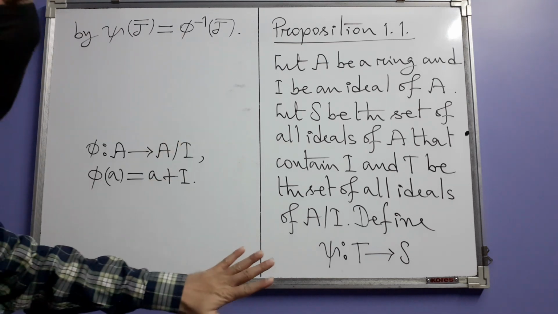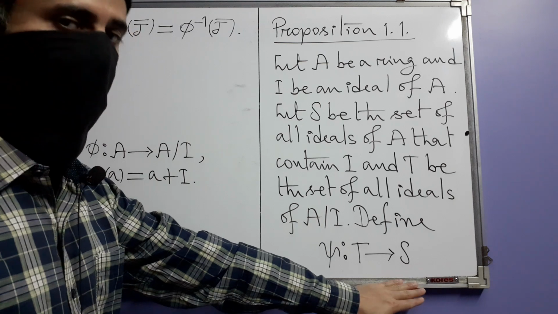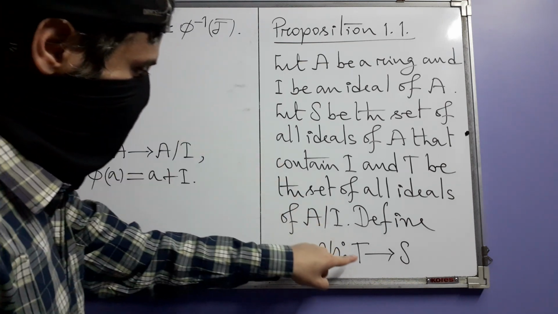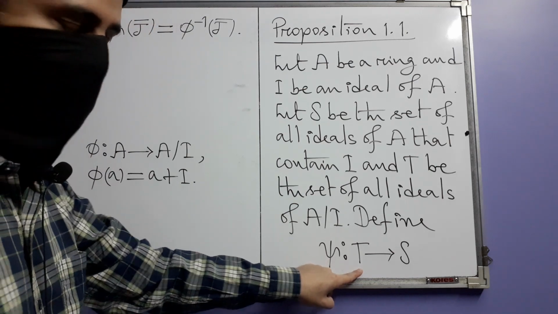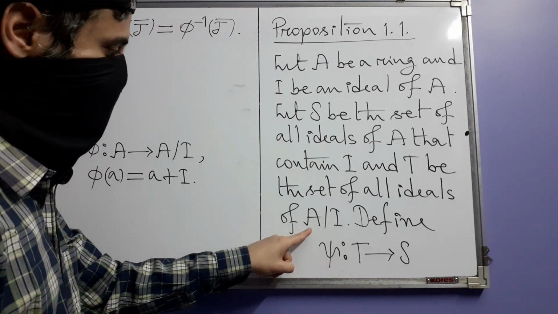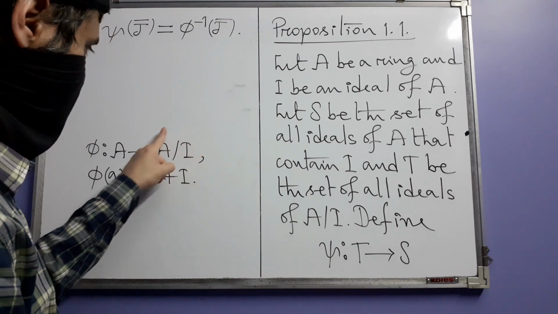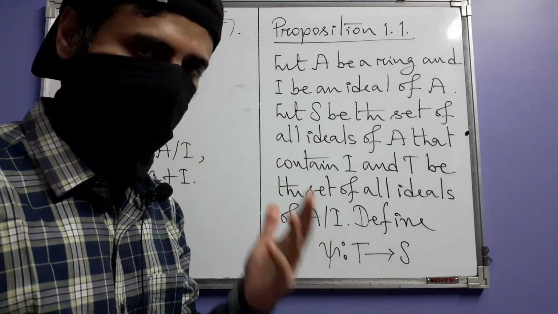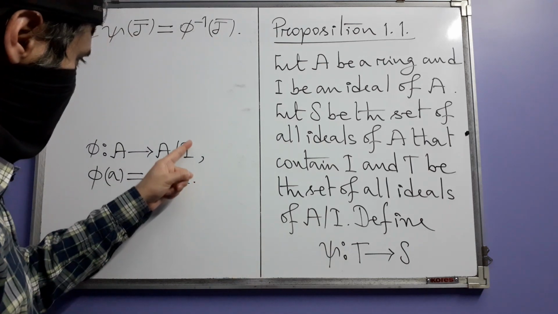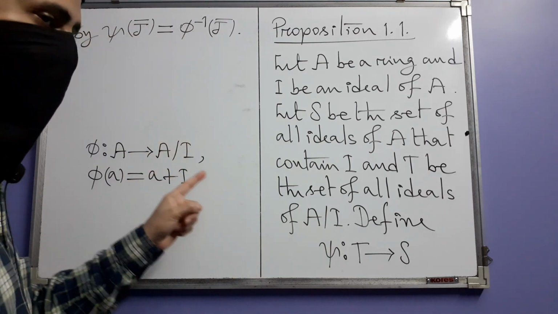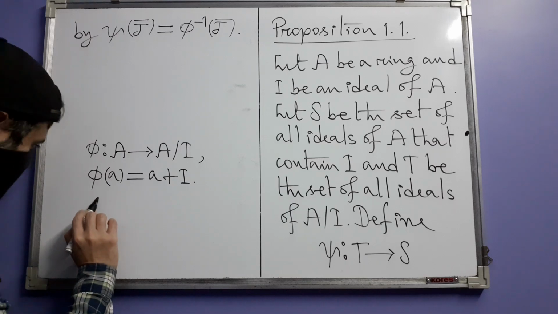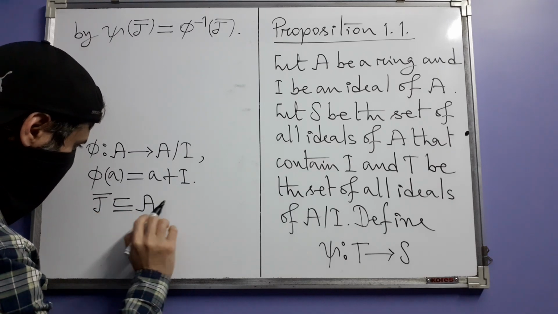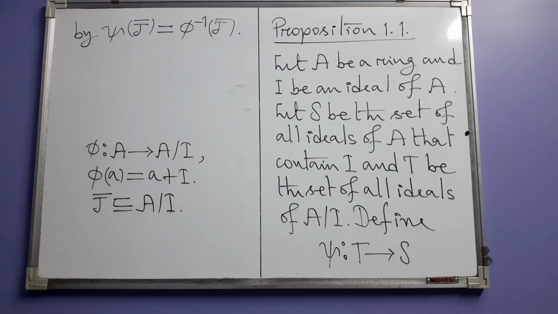So, is it making sense? Does this mapping at least make sense? When you take your J bar from T as an element of T, what is J bar? J bar is an ideal of A/I. So basically, J bar is after all a subset of A/I.